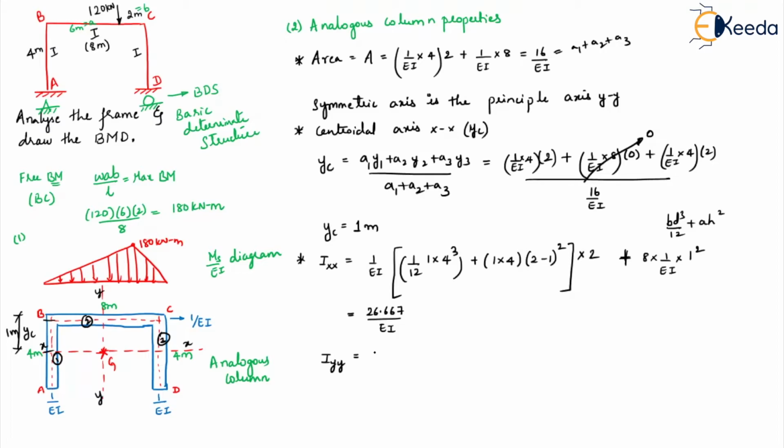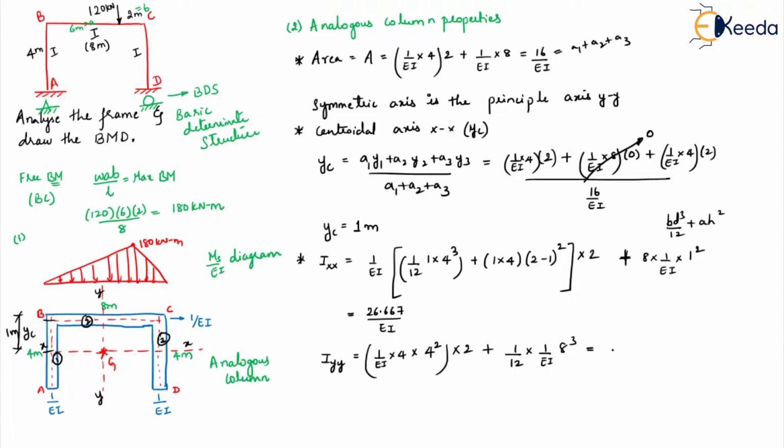Similarly, do it for your YY. Now, for these two column portion, we'll just do AH square. So that's your 1 by EI into 4 square. Right, this has to be done for both the columns, so multiply it by 2 plus BD cube by 12 for the BC portion.